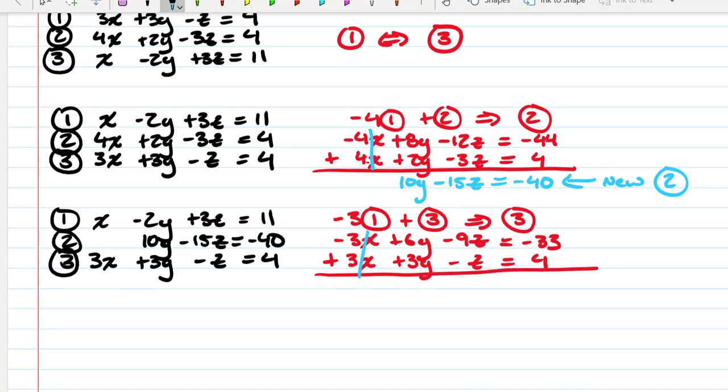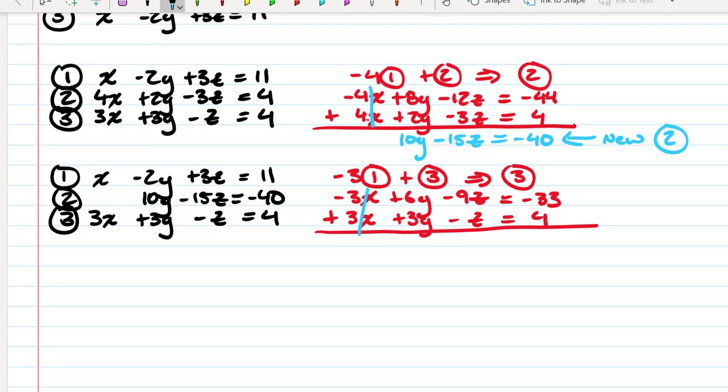My x's eliminate as I had planned. 6y plus 3y gives me 9y. Negative 9z minus z is negative 10z. And negative 33 plus 4 is negative 29. And this is my new equation 3.